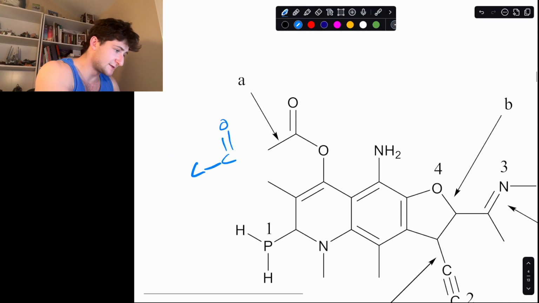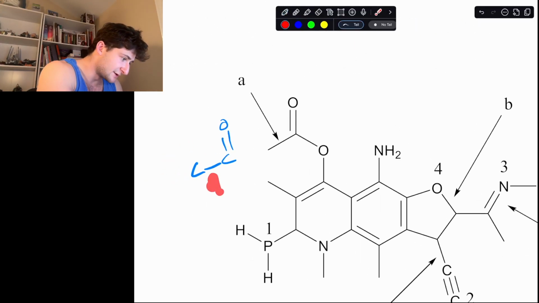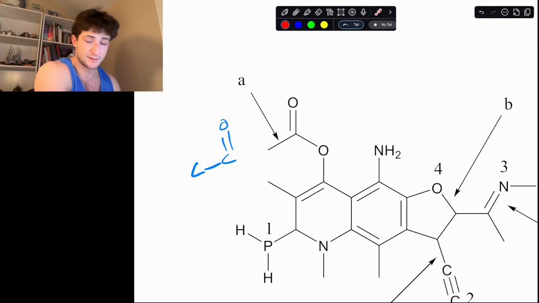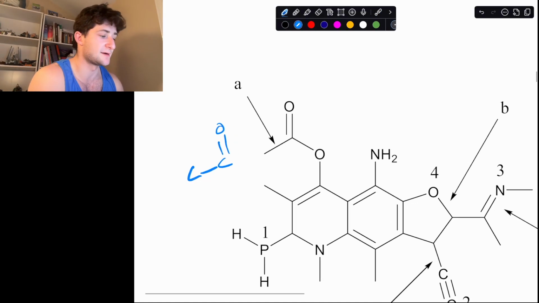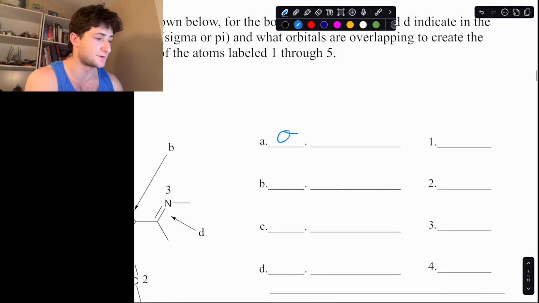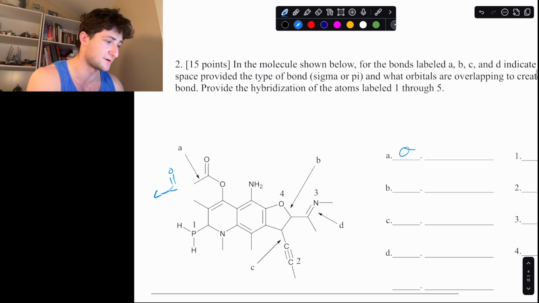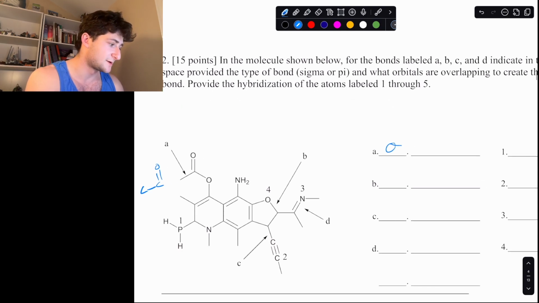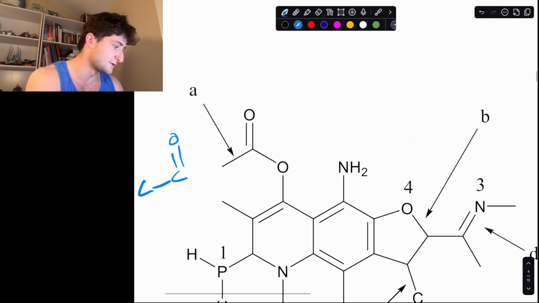So this is clearly a sigma bond because why? Because it's a single bond. Kind of sounds like single, sigma, single. It's easy to remember. Okay. What orbitals are overlapping?